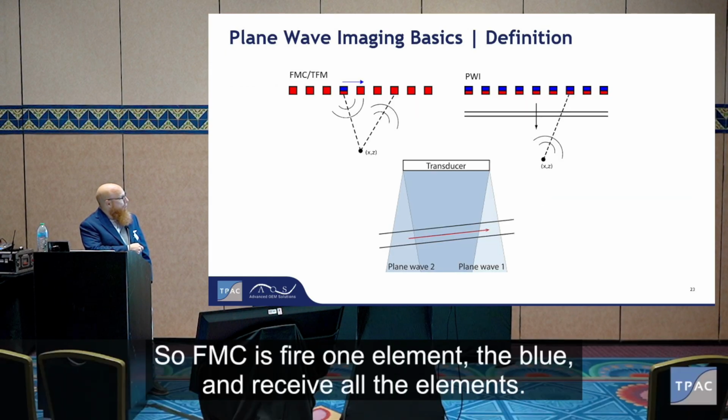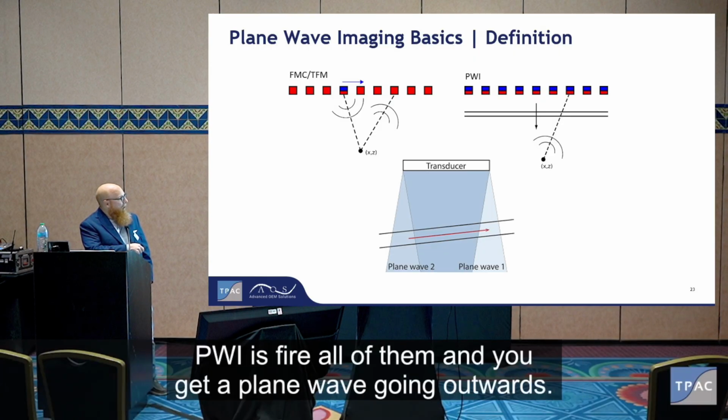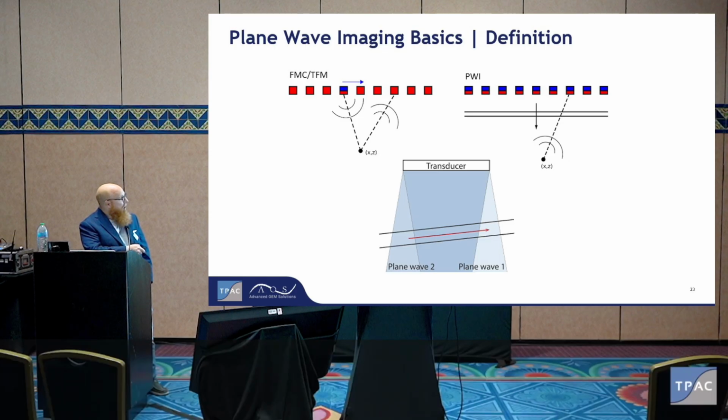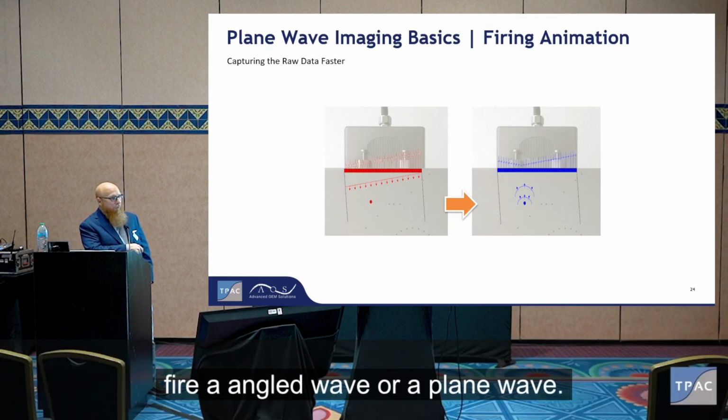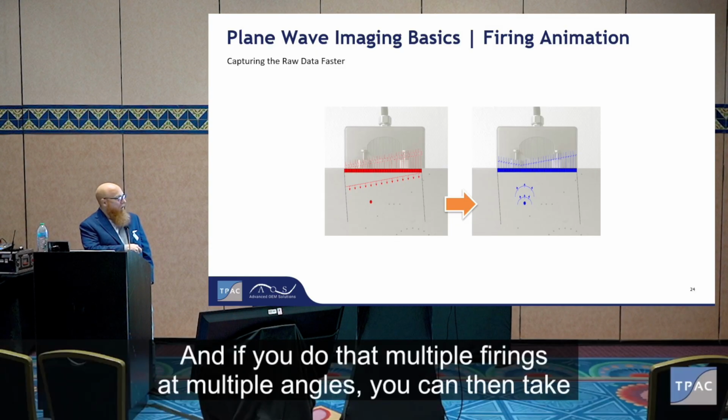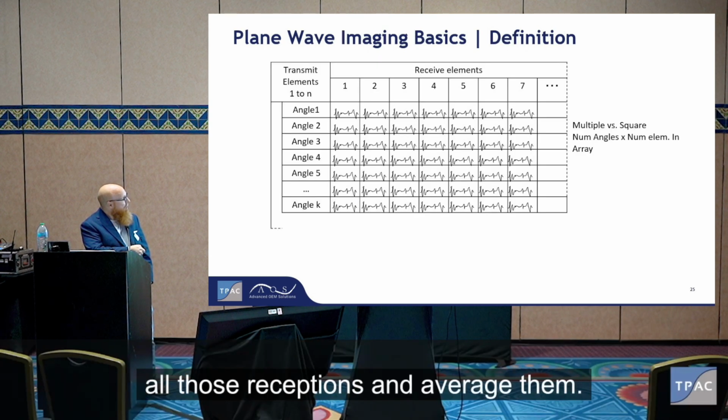FMC is fire one element, the blue, and receive all the elements. PWI is fire all of them, and you get a plane wave going outwards. And if you do that with different delay laws across the probe, you can fire an angled plane wave. And if you do multiple firings at multiple angles, you can then take all those receptions and average them.